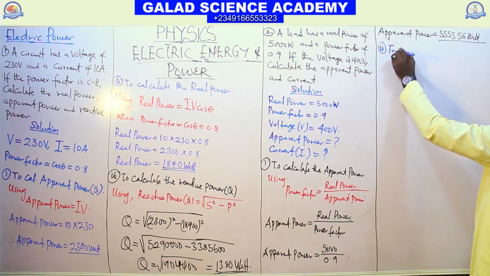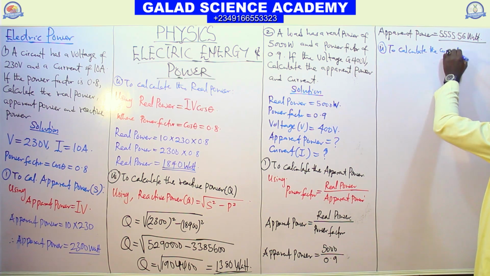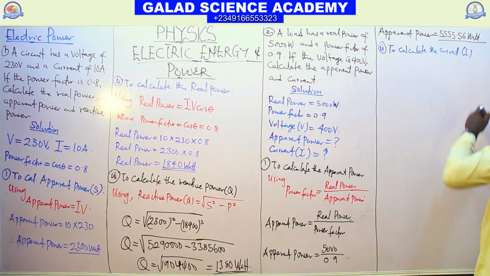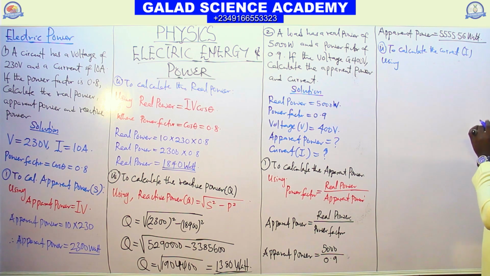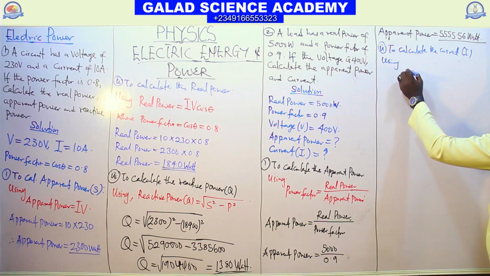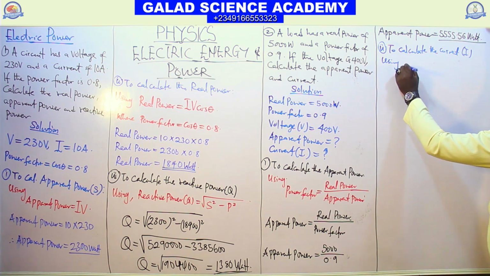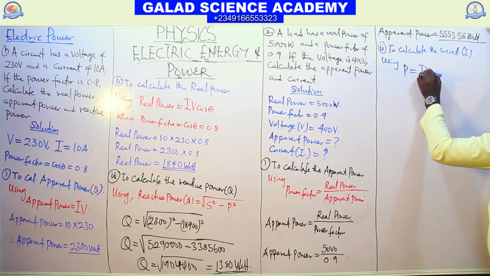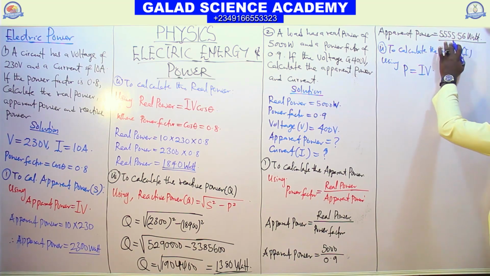To calculate the current I, using apparent power, S equal to IV. So our S here is what we get here.